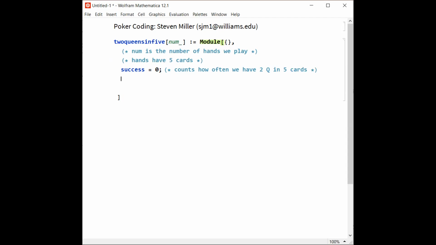So, what do we need? We need a deck. So how do you want to define your deck? We could have a tuple of 52. And what numbers do you want to have in your deck? So think about how you want to do it.